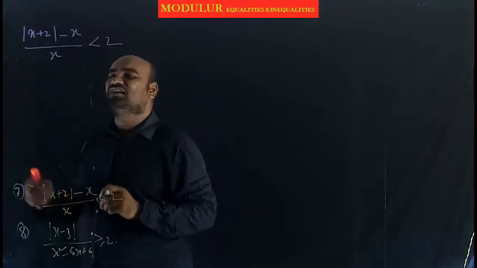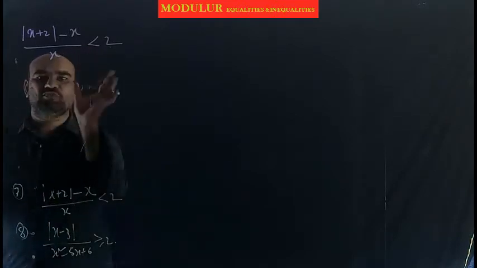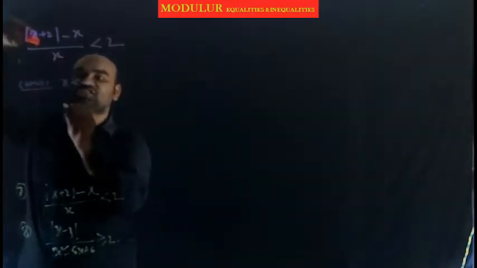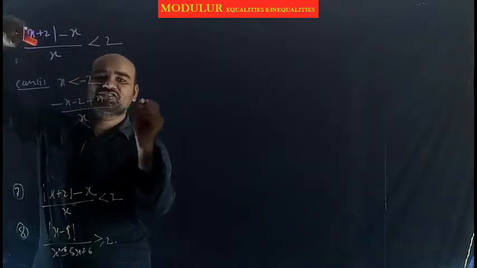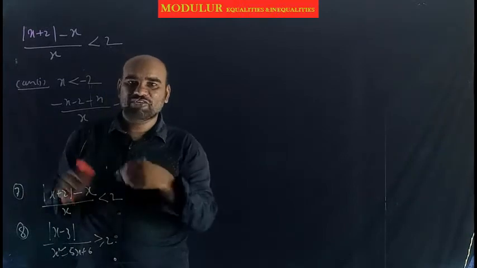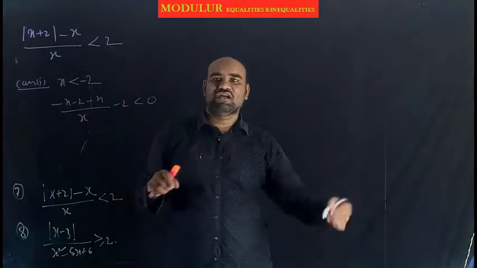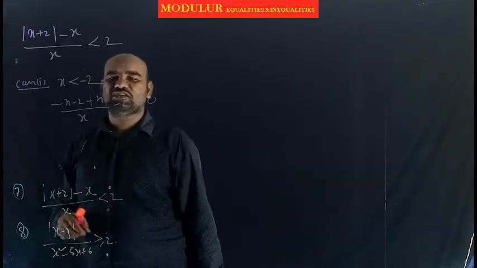See here. Just 2 pieces, case 1. X less than minus 2. This gives minus x minus 2 minus x by x less than 0. I always want to use the wavy curve method, that's why I want the right hand side of the inequality to be 0.